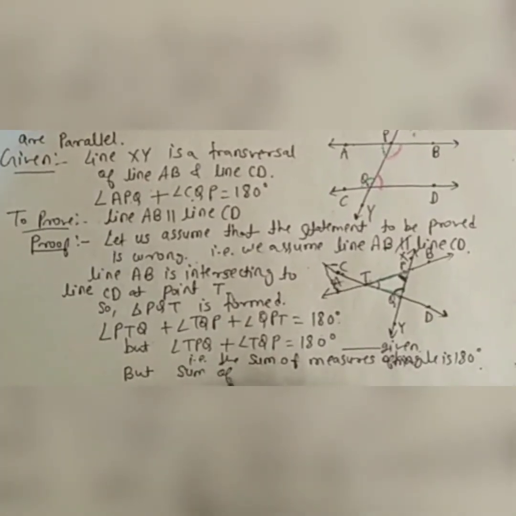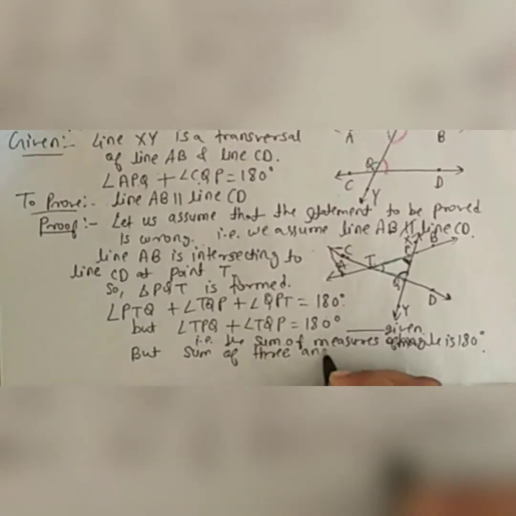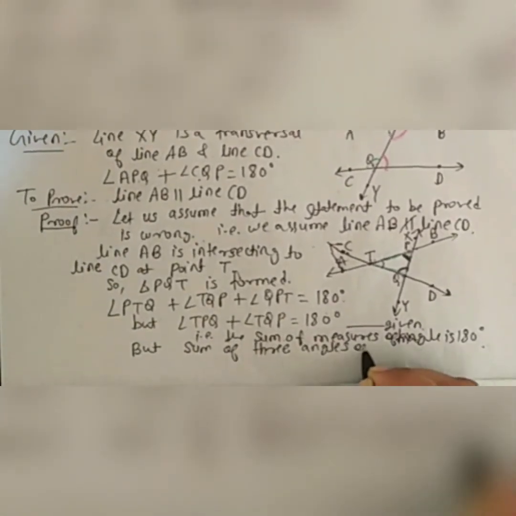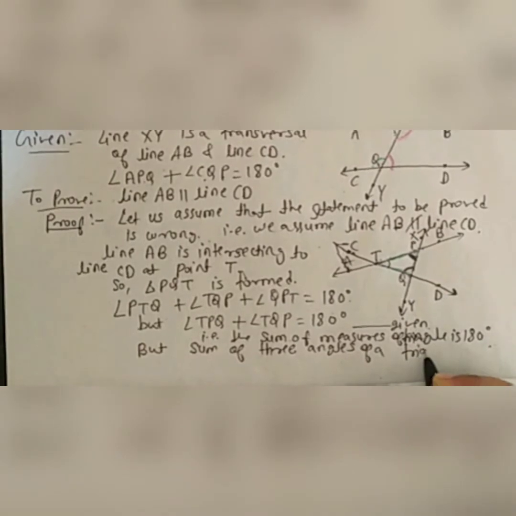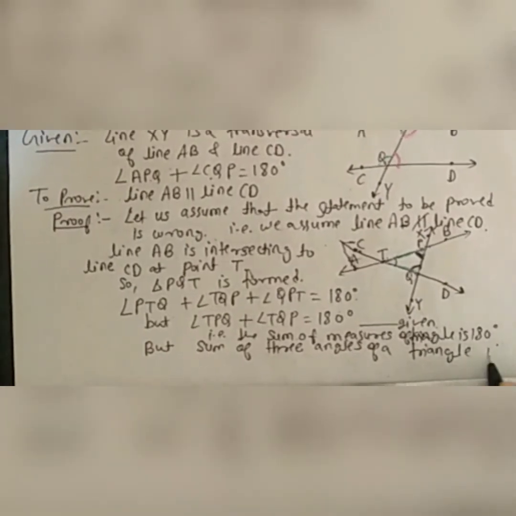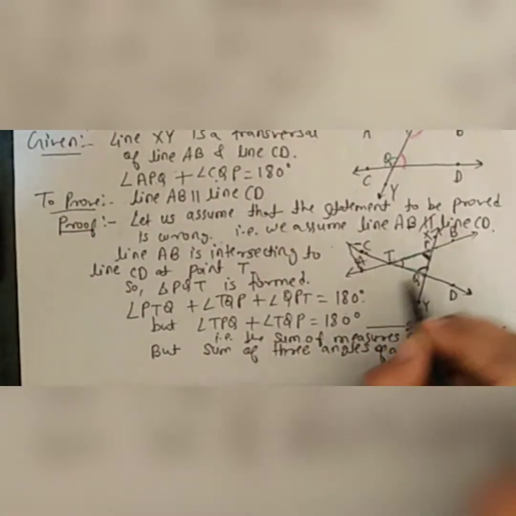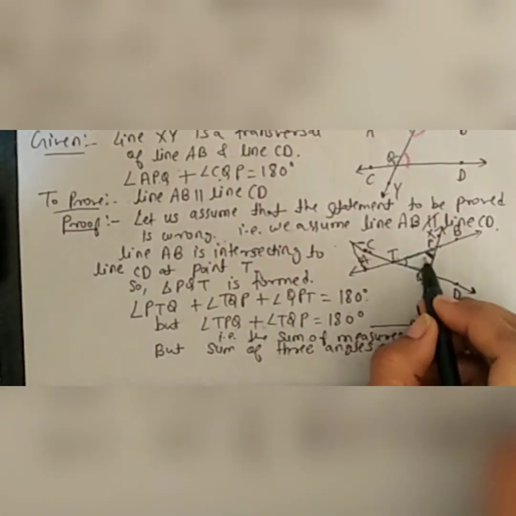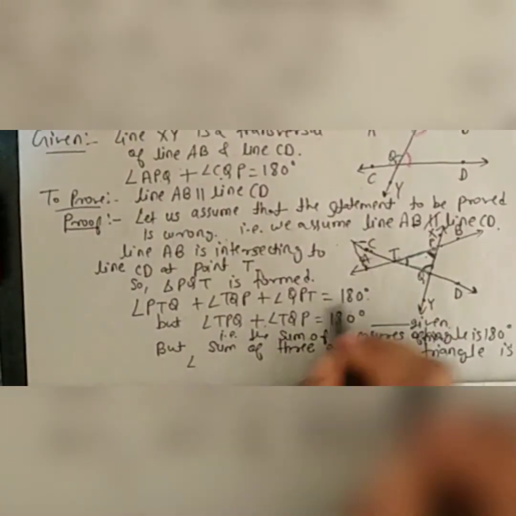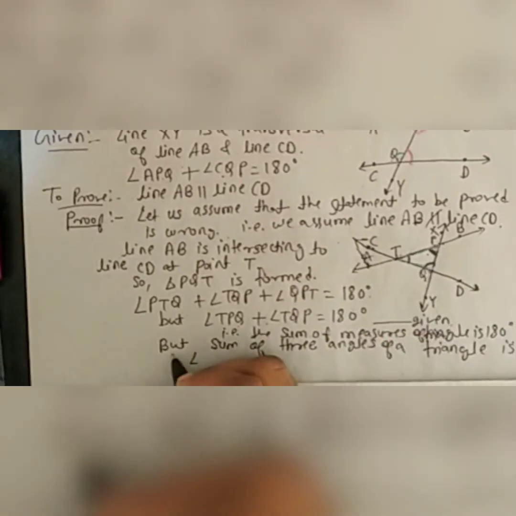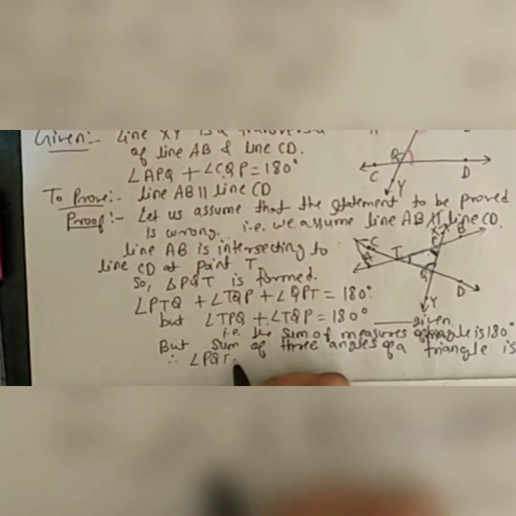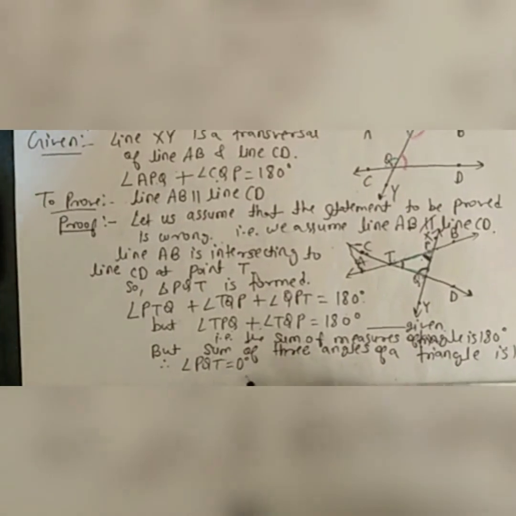The sum of three angles, not two angles, the sum of three angles of a triangle is 180 degrees. If this is happening, it means angle PQT is equal to 0 degrees. This is not possible. Therefore, the contradiction.